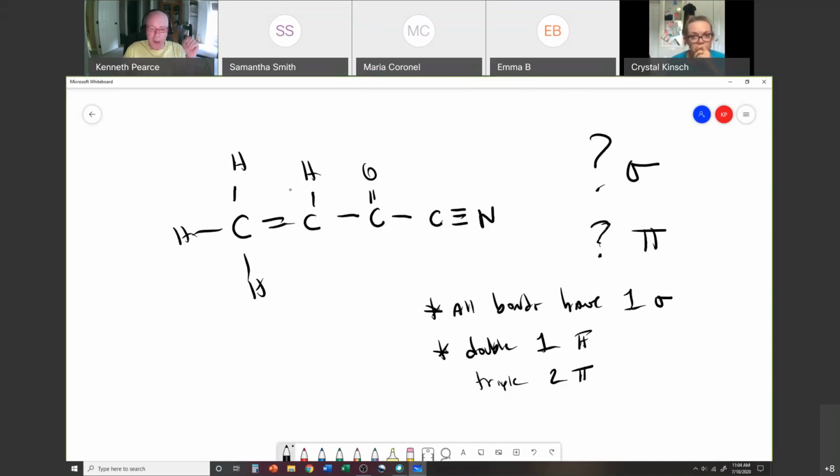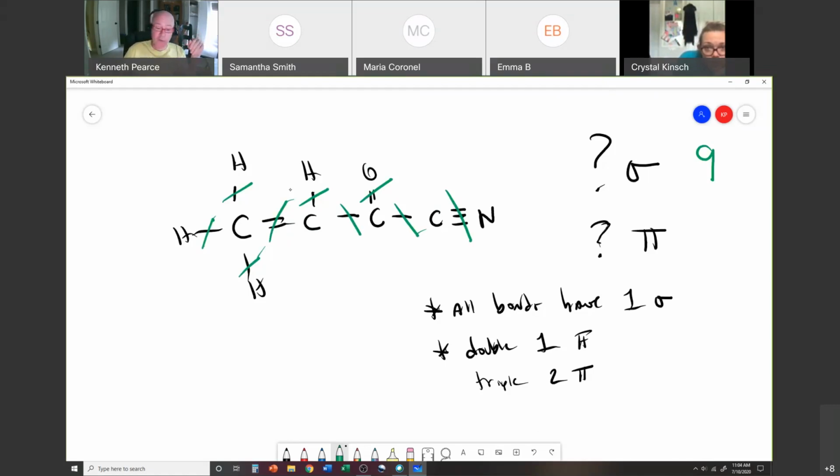Okay? The way I do this is I look at a molecule and I start marking them off. 1, 2, 3, 4, 5, 6, 7, 8, 9. 9 sigmas. I mark off all the bonds, because it's 1 sigma for every bond, no matter what.